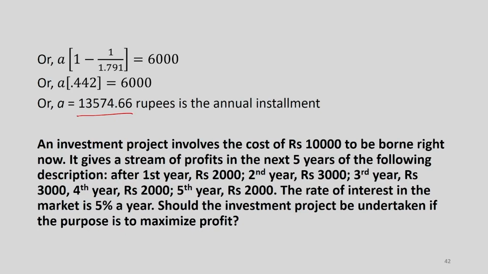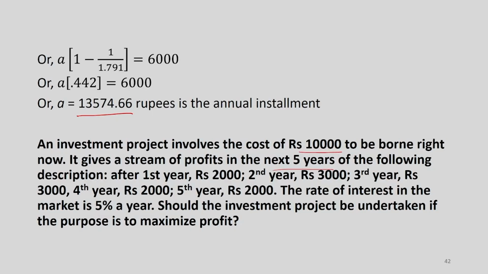Now we are looking at another problem which is using a similar concept. An investment project involves the cost of 10,000 rupees to be borne right now. It gives a stream of profits in the next 5 years of the following description.